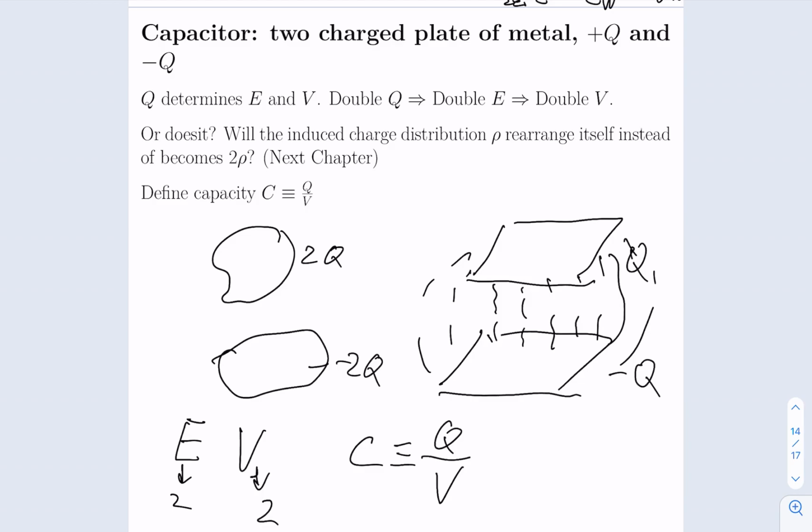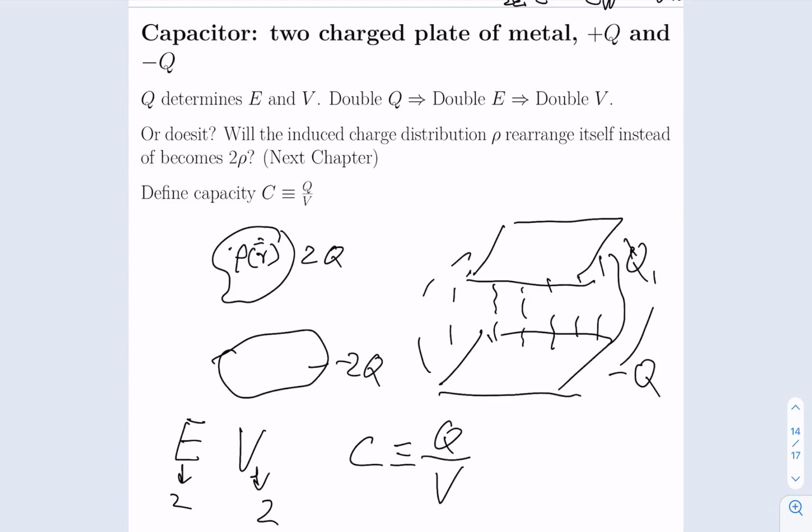But this argument might not be perfect, in the sense that why can you guarantee that, in the process of doubling the charge on a conductor, the conductor can have a surface charge distribution or a volume charge distribution, right? There might be a distribution of charge.